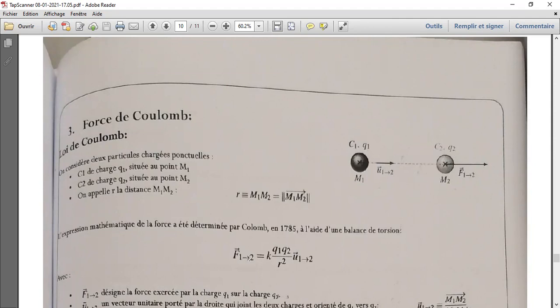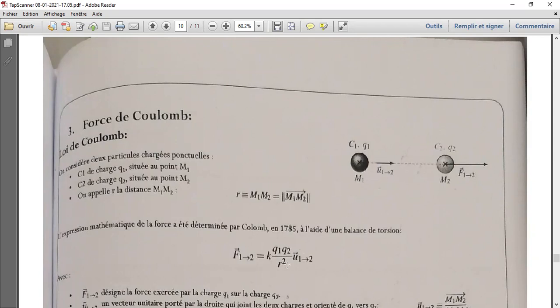That's why the force 1 to 2 is equal to K, which is a constant, times Q1, the charge of the first particle, times Q2, the charge of the second particle, divided by R squared, the distance between M1 and M2.